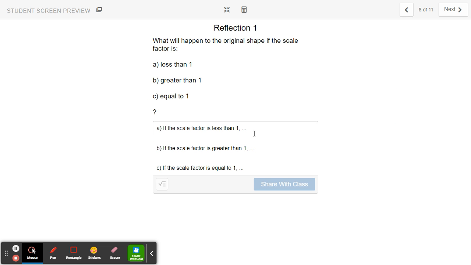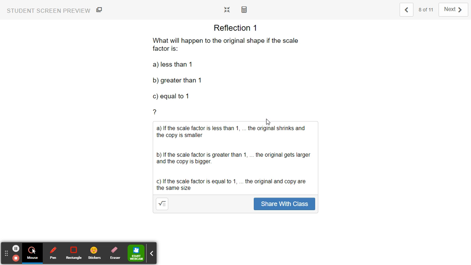Okay. So again, let's go ahead and take the time for you to type this in. You can pause. So the way I've described it is that if the scale factor is less than 1, the original shrinks and the copy is smaller. If the scale factor is greater than 1, the original gets larger and the copy is bigger. And if the scale factor is equal to 1, the original and the copy are the same size.